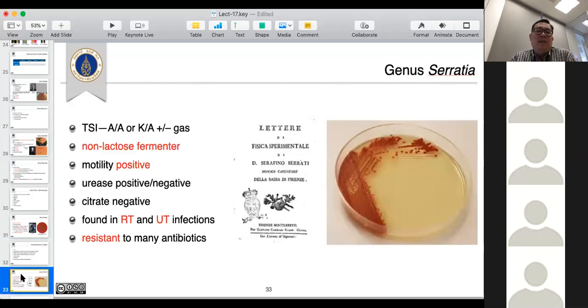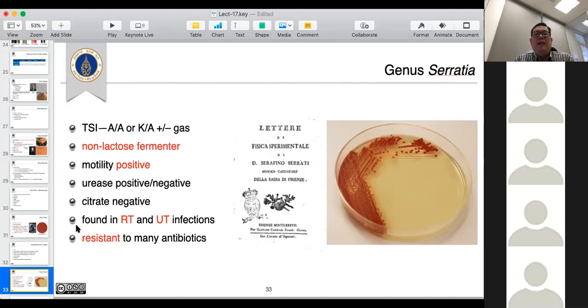Genus Serratia is named from Serafino Serrati. On TSI, acid acid, or some species of Serratia give alkaline slant acid butt, with or without gas, that's okay. Non-lactose fermenter, motile, citrate negative.